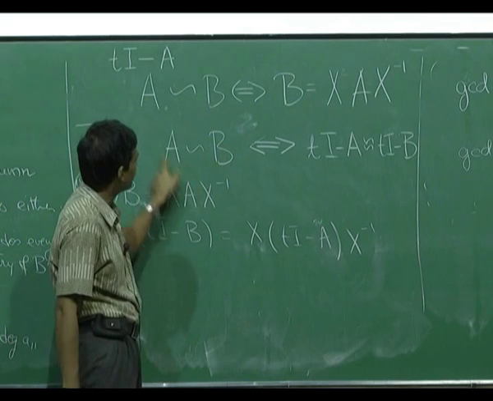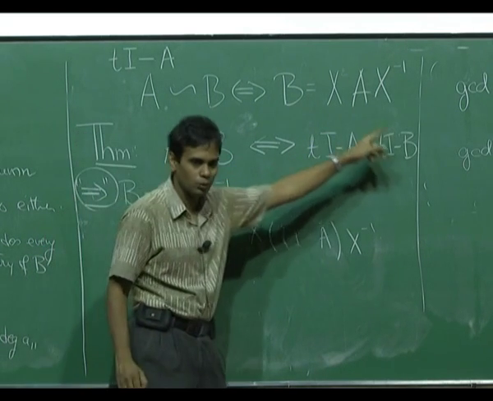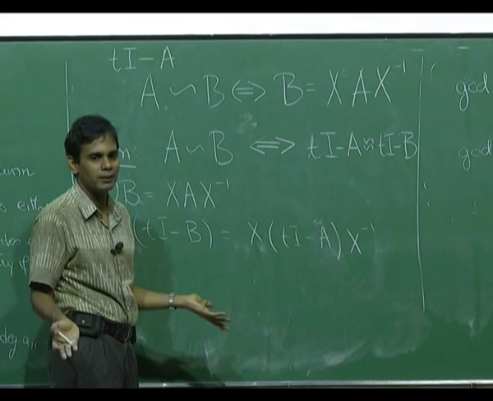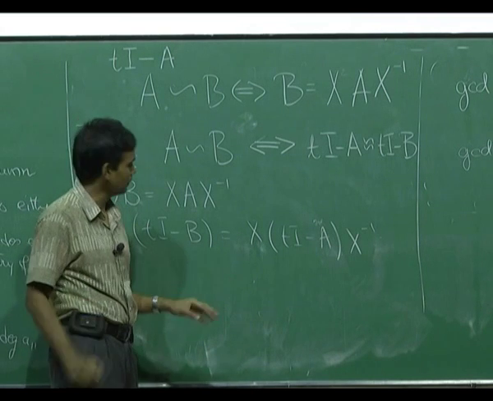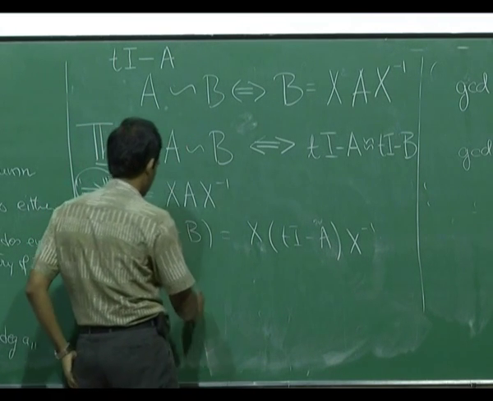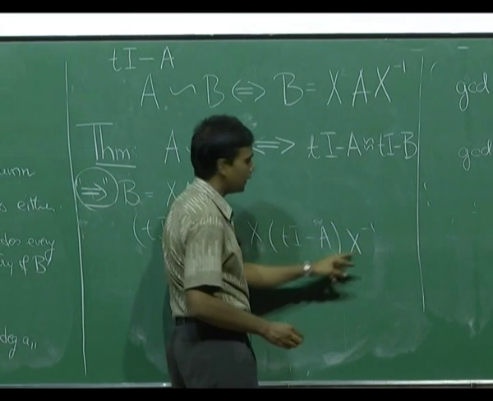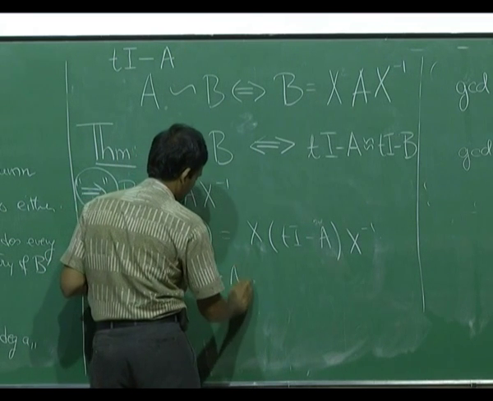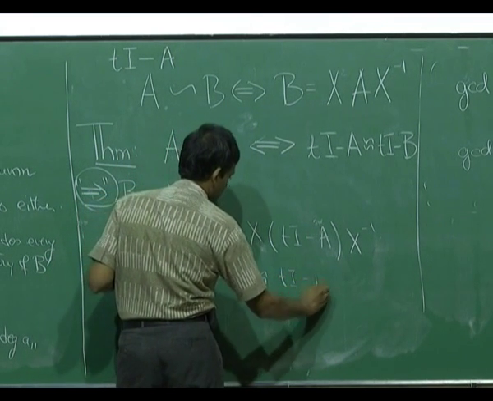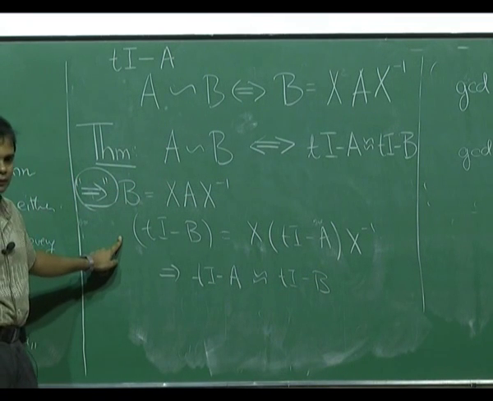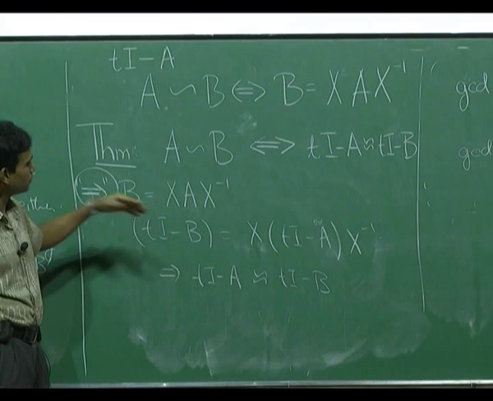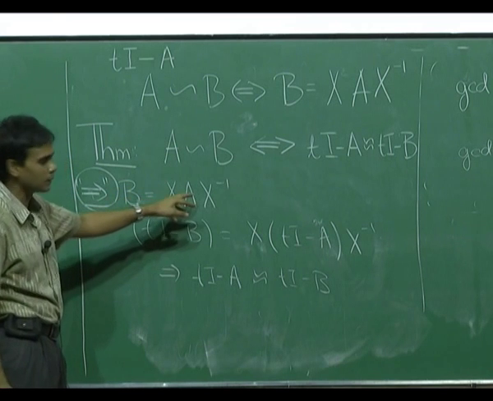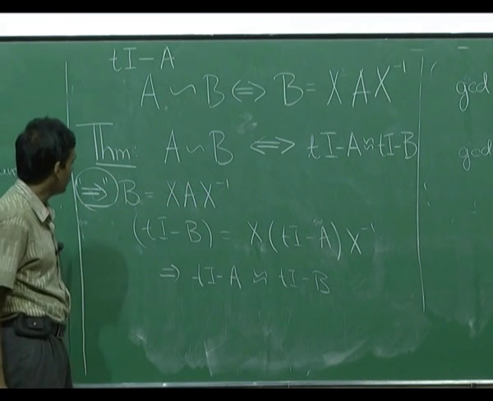In this definition, we are talking about constant matrices. This side, we are talking about polynomial matrices. This X is a constant matrix, but a constant matrix is a polynomial matrix. So this is not a difficulty. So what we get is that you can take Y to be X inverse, and so this implies that Ti minus A is equivalent to Ti minus B. No problems here. It's just because similarity is a much stronger condition than equivalence. You are asking that this Y be the same as X inverse. Okay, so this is not a problem.